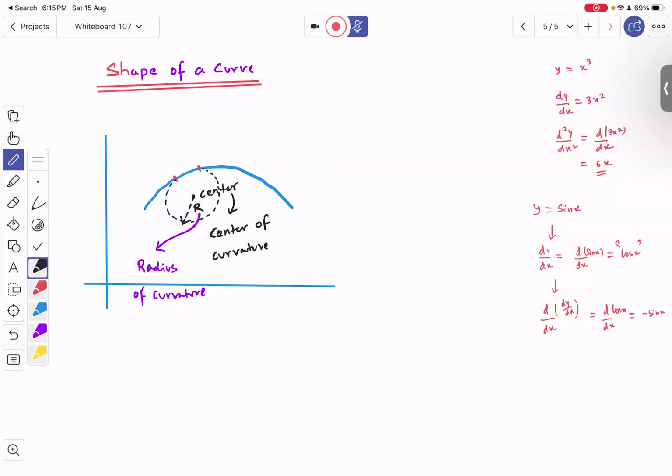Got the point of what we have done? Wherever I have to decide what kind of shape a curve has, we take a small part of the curve around that point and we make a circle out of it. And then that circle will have a center somewhere, wherever it is, that is called the center of curvature.